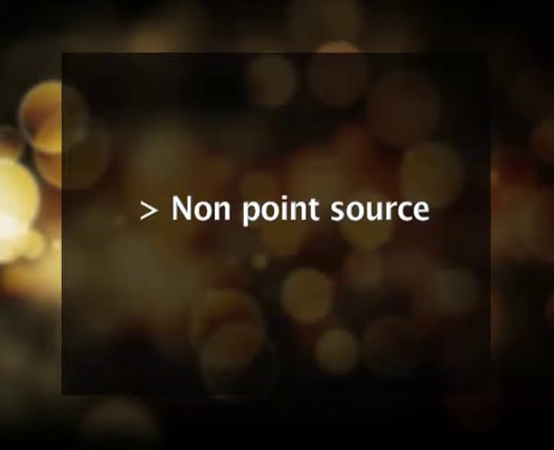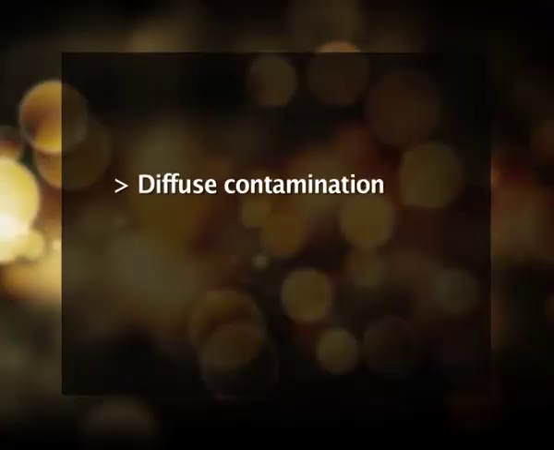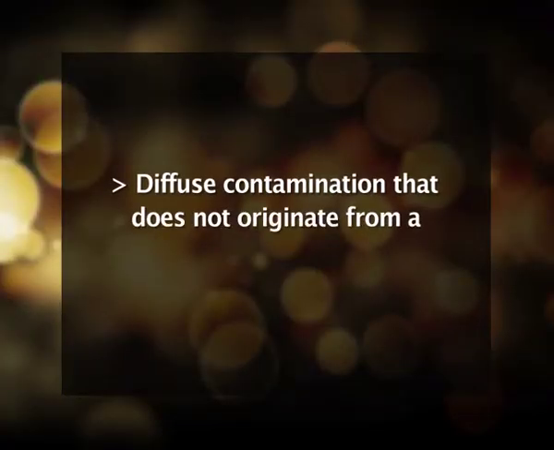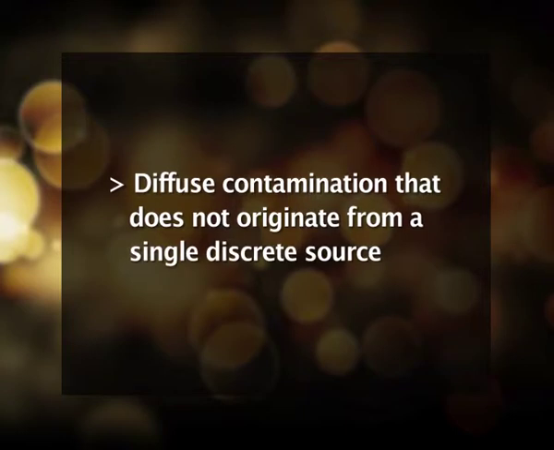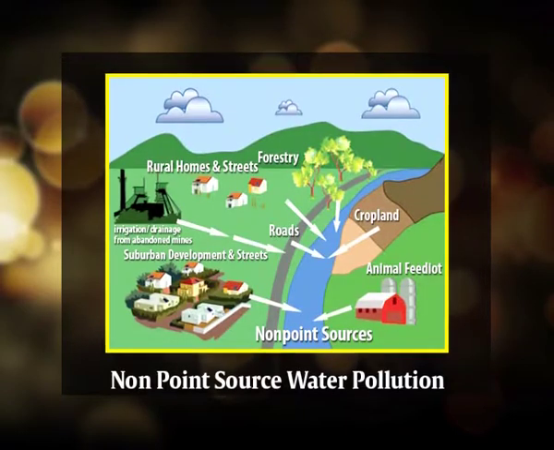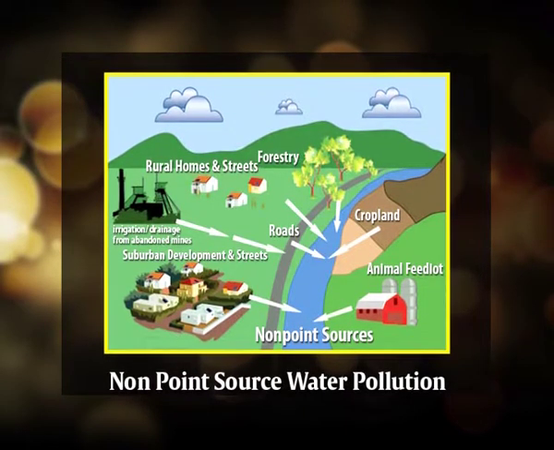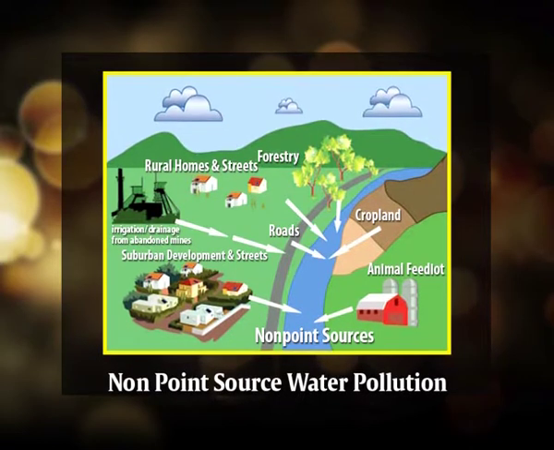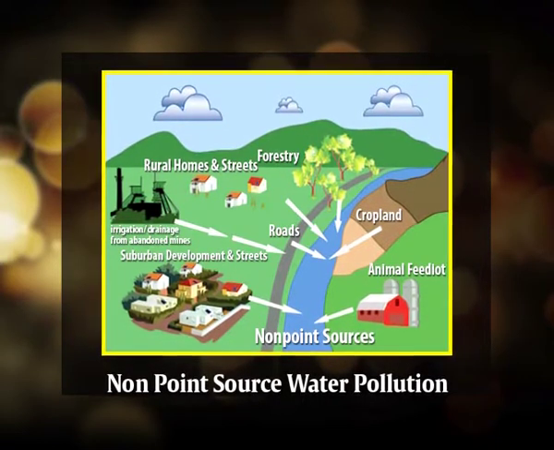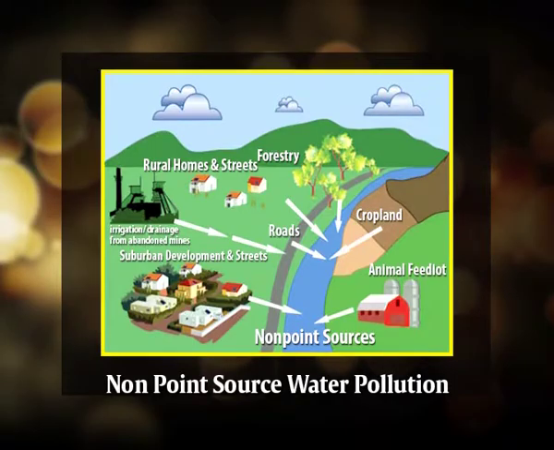Non-point source. Non-point source pollution refers to diffuse contamination that does not originate from a single discrete source. Non-point source pollution is often the cumulative effect of small amounts of contaminants gathered from a large area.